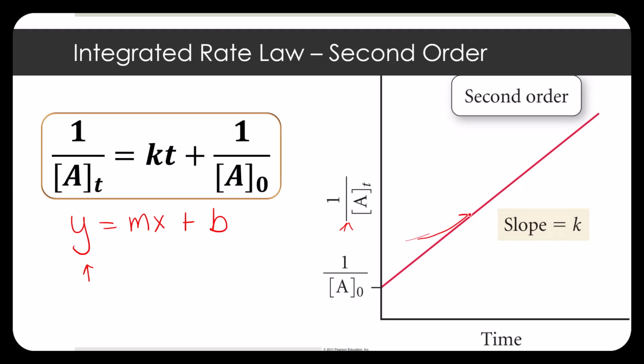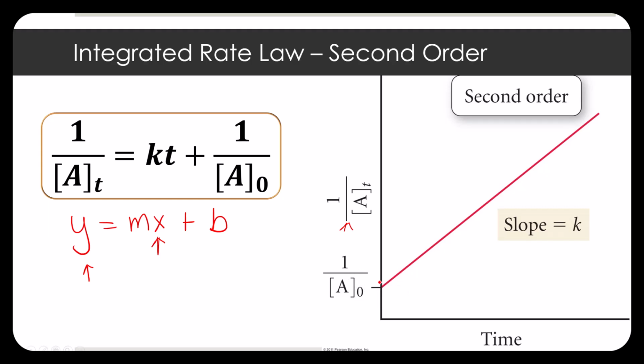So we see that slope is going up. That's a positive slope, and whatever the value is for that slope, that's going to be K. Our x-axis is still going to be time, so we see that down here. And then the y-intercept, where it intersects, is going to be 1 over concentration of A at time 0.